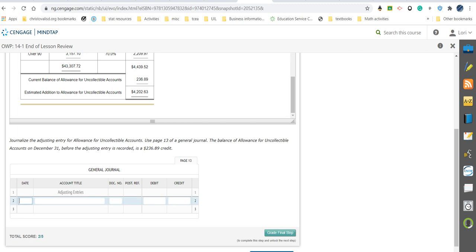We're in our adjusting entry for December 31st, and we have the uncollectible accounts expense, because we are taking the expense this month.